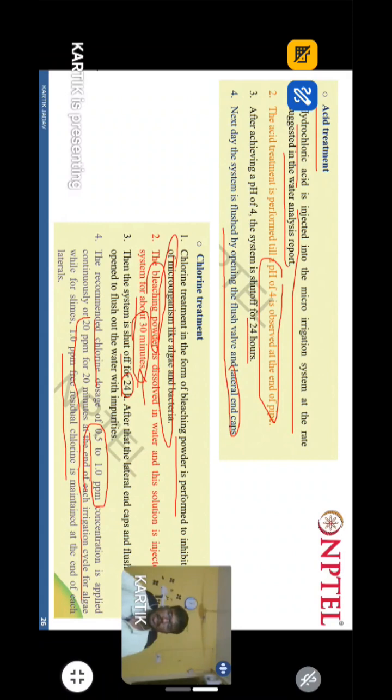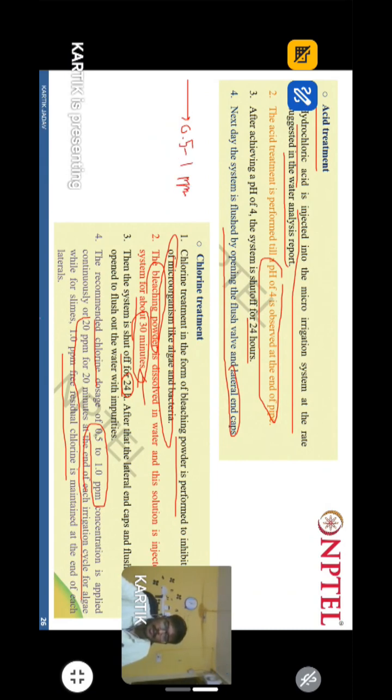So there are 3 scenarios here. Either we can continuously allow the chlorine, in which case the chlorine concentration is 0.5 to 1 ppm.